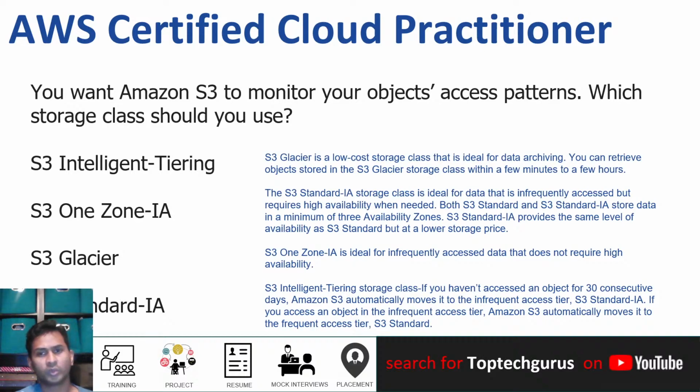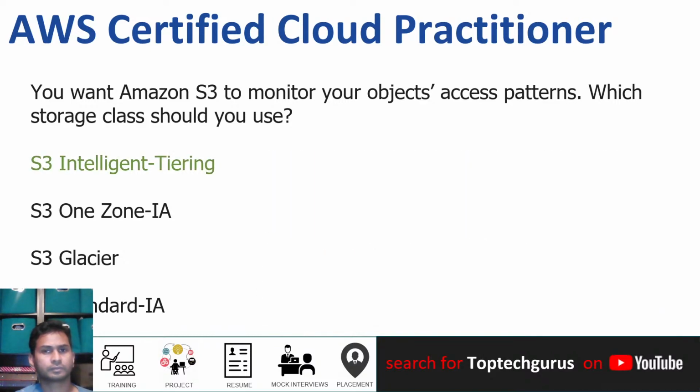So you move it back and forth between S3 standard and S3 standard IA. Amazon S3 monitors this for 30 days. If you haven't touched it, it moves it to S3 standard IA. And if somebody touches it, that means somebody is starting to use it, then it moves it back to S3 standard. So the option here has to be S3 intelligent tiering.